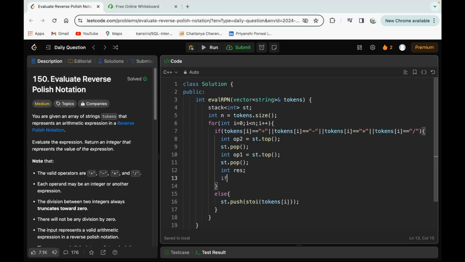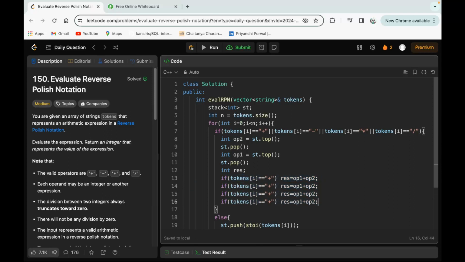So rather I can add another condition to calculate res, that if tokens of i, let's say it's equal to plus, right? So please put inside of res operand 1 plus operand 2, its value, right? And we'll just do this 4 times because we have 4 different operators and we will do this for each operator, right?